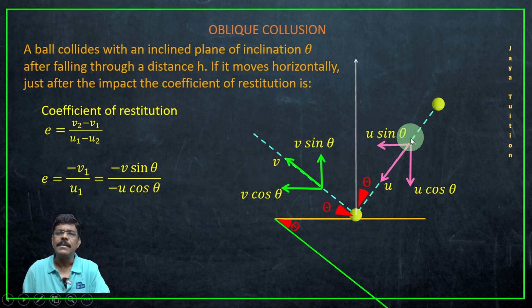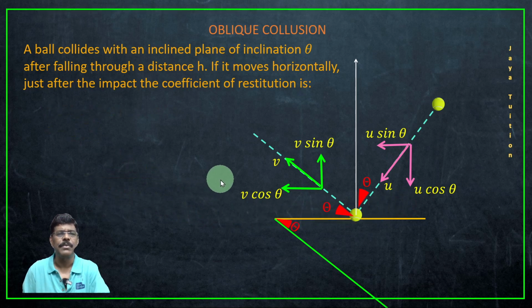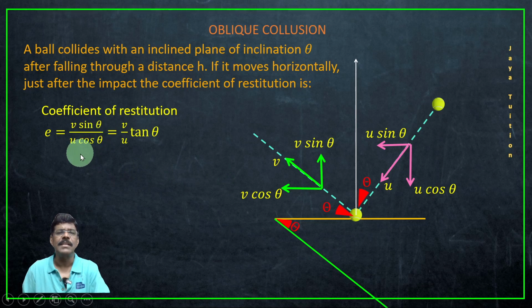U1 is the velocity perpendicular to the plane, downward. Therefore, U1 will be U cos theta, but it will become negative because it is in the downward direction. Hence, this minus sign will get cancelled, and you get the coefficient of restitution e equal to V sin theta divided by U cos theta.